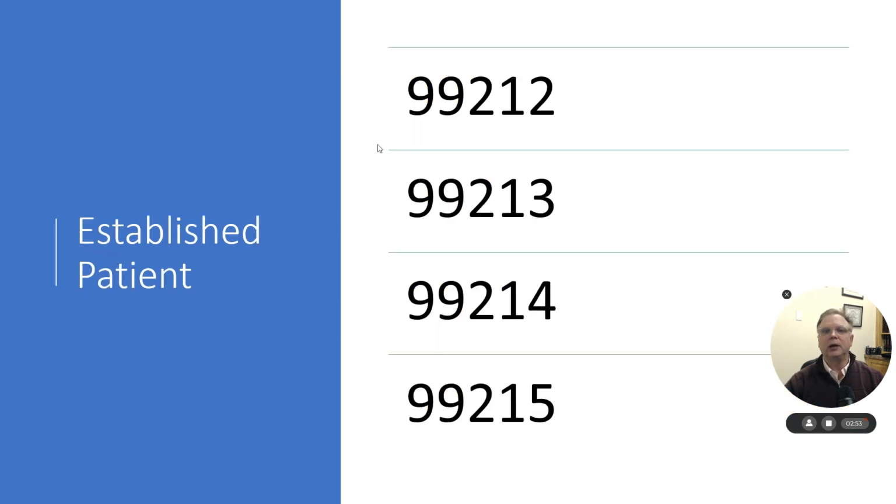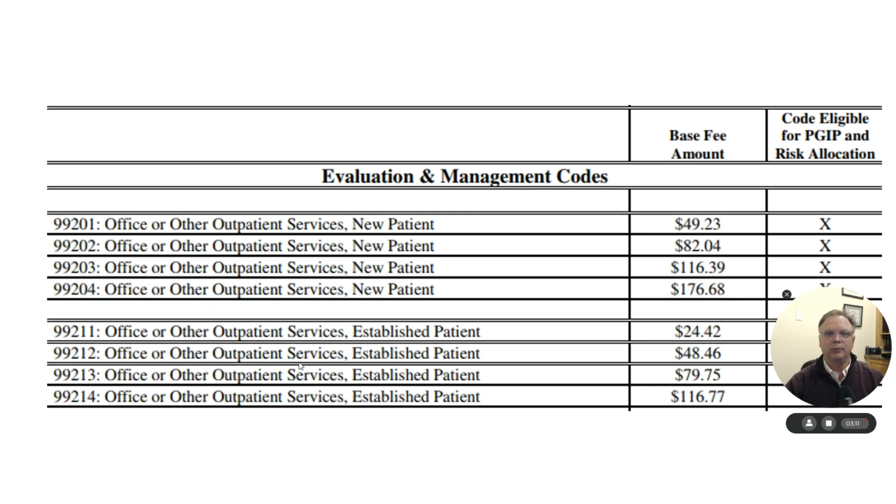Established patient: 99212, 99213, 99214, and 99215. Noticeably absent is 99211. You shouldn't even be using that code because, doctors, you do not even need to be present in order to use that code. These are the fees from Blue Cross Blue Shield of Michigan for our E&M codes.